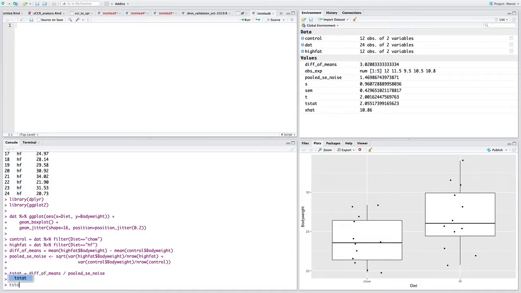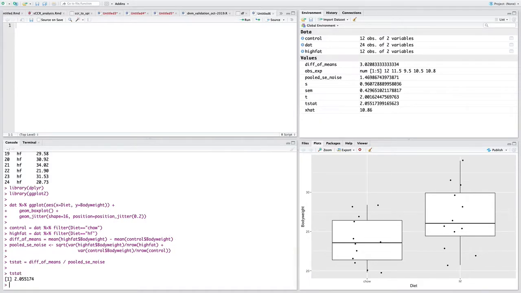Okay, so let's see what that is. So it's a little above 2. In the one sample t-test, we had a t-stat that was pretty darn close to 2, but the degrees of freedom was low, right? It was 4. Our sample size now is 12 for the control, or 12 for the normal chow, and 12 for high fat.